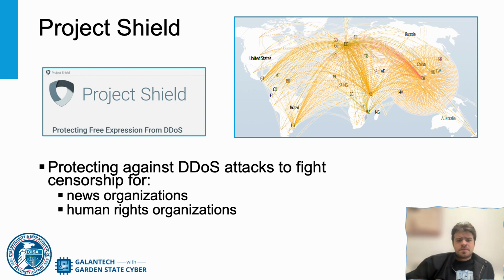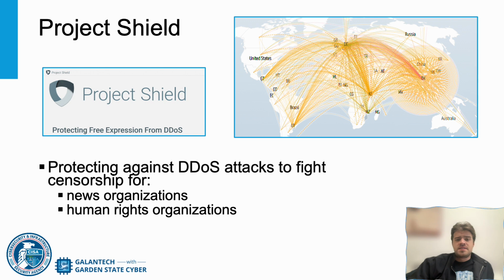Project Shield is a really cool organization that protects these other types of organizations by providing their huge internet presence. And they basically absorb the fire hose of all of these incoming packets that are being directed at victim organizations in an attempt to bring them offline with a DDoS. So Project Shield is a free service. It's only available to those specific organizations.